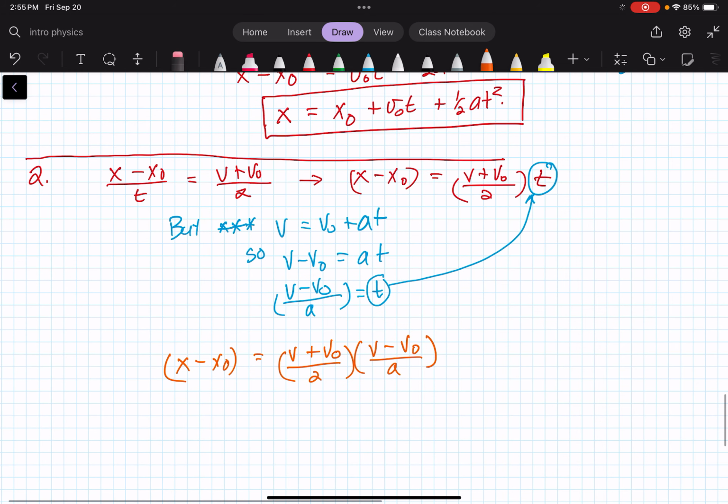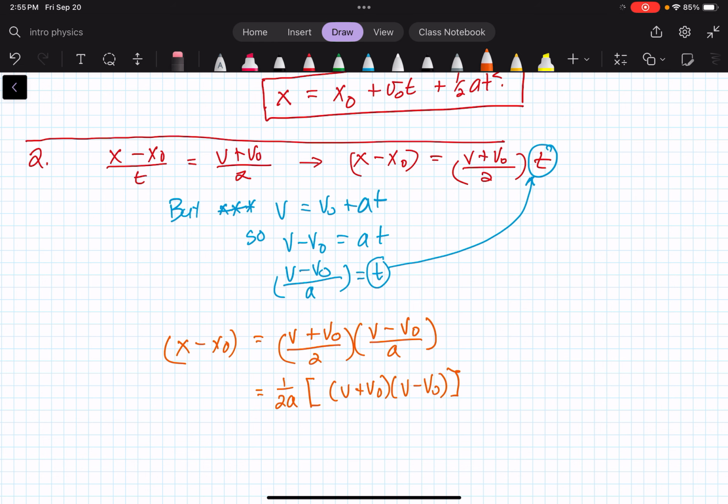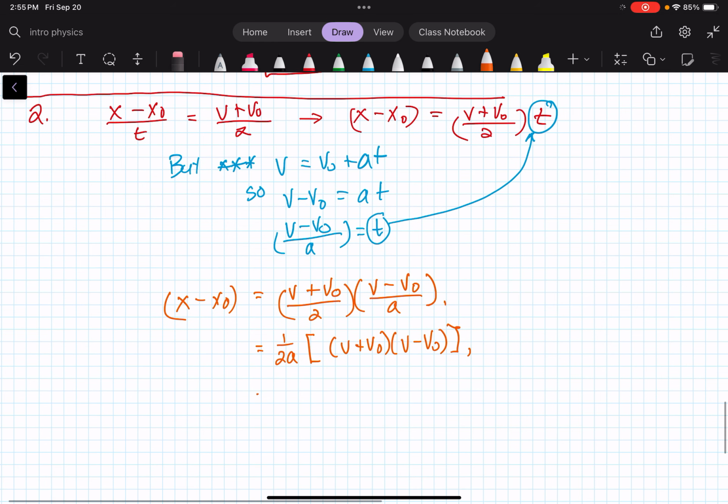So let's just do the math here. We have 1 over 2a, that's in the denominator, that's multiplying everything, and then we have (v plus v naught) times (v minus v naught). If you're familiar enough with algebra, you can get ahead to the end, but I'm going to do all of the steps so you can see this explicitly.